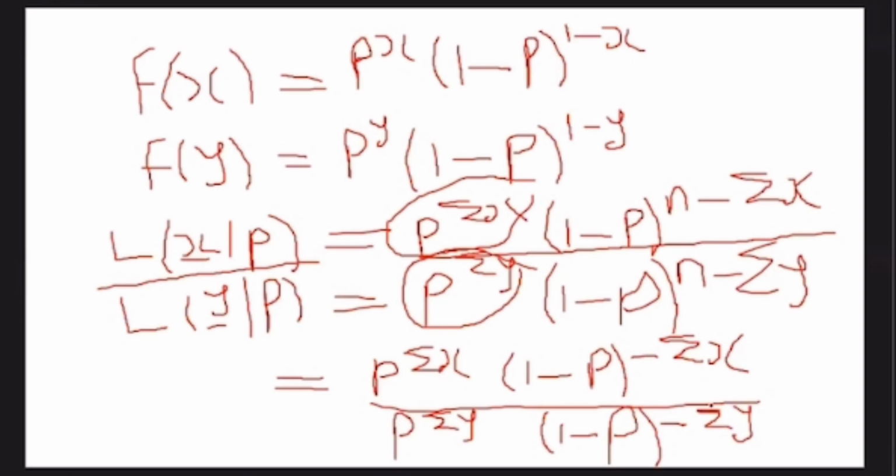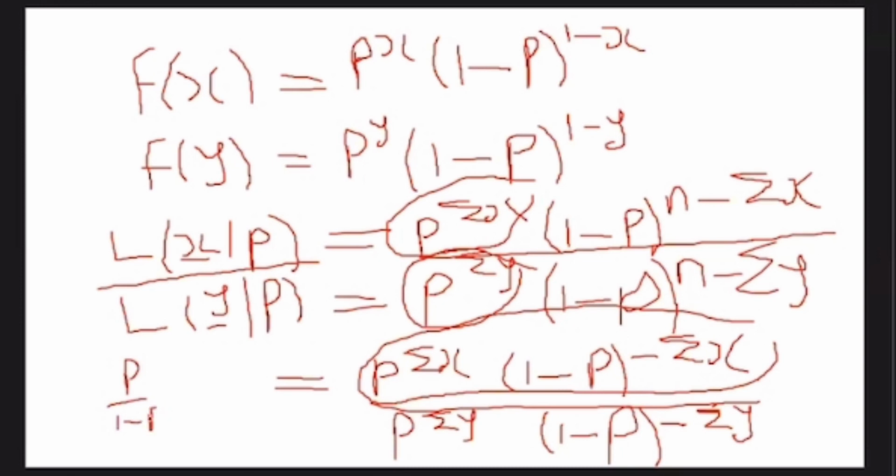Take a look at that. Now, if I want to combine, there's something I want you to see. If you look at the numerator, if I want p and 1 minus p to carry summation x as the power, then it means 1 minus p is going to go to the denominator. So if I want to rewrite, I'm going to write p divided by 1 minus p, and that is going to be raised to power summation x.